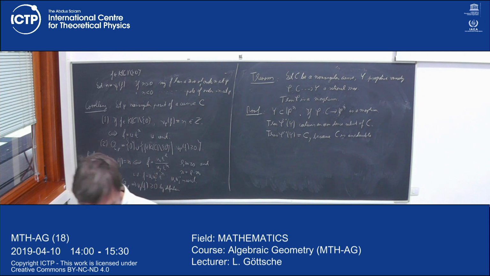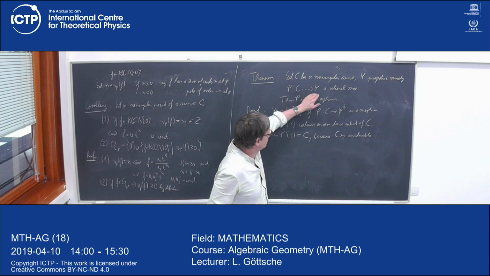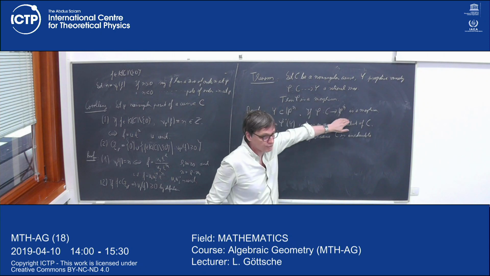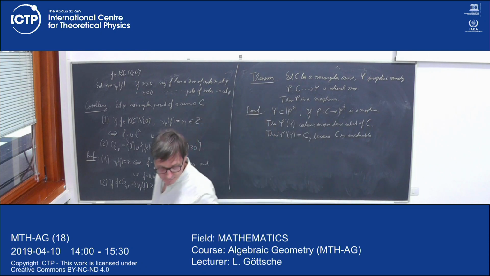Now, therefore, we just have to extend this rational map to a morphism to Pn. Then it automatically will go to Y.